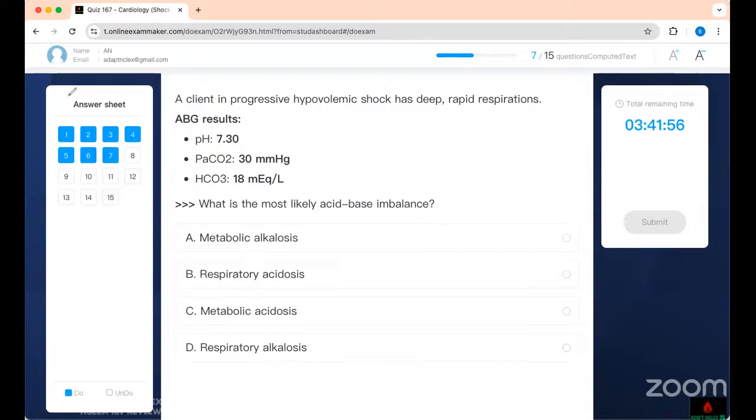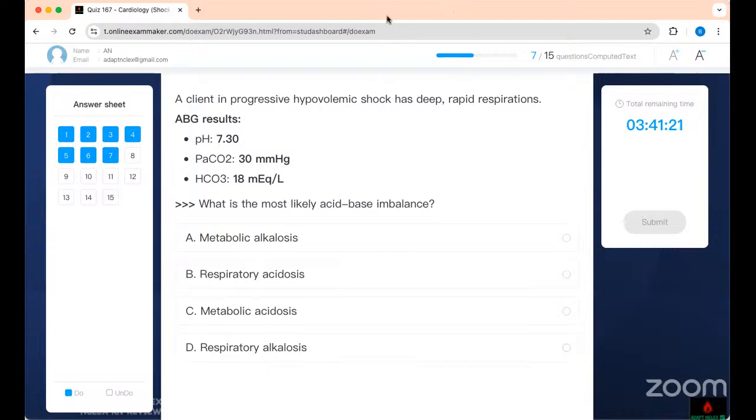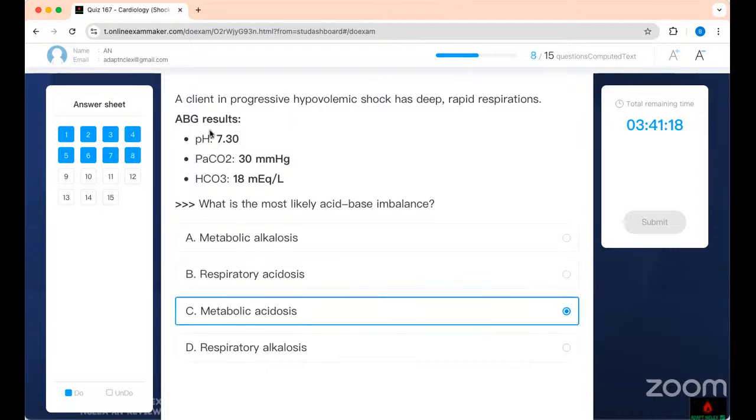You do that if this is metabolic and this is acidosis. It's opposite. Respiratory alkalosis, you do that when you have what? Metabolic acidosis. And therefore the right answer is metabolic acidosis. That is why the individual is acting like that. If you're doing respiratory alkalosis, that means you have metabolic acidosis. So this is the problem. Or you can just use the ABG and come up with the answer.